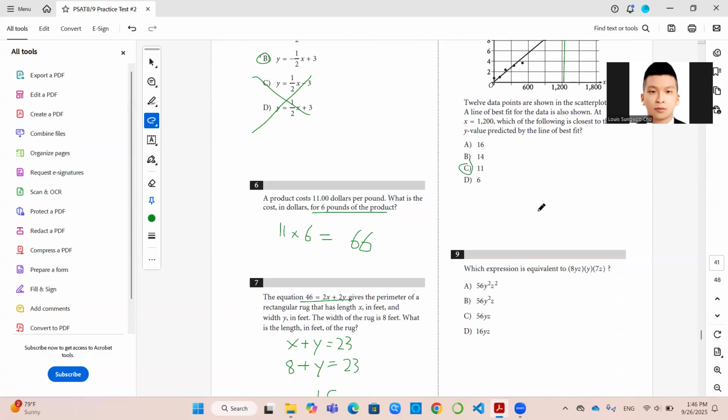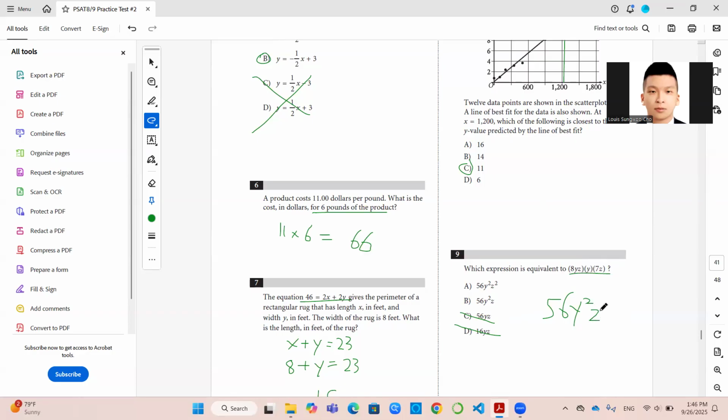Which expression is equivalent to all of this? Well, I see 8 and 7, so what's 8 times 7? That's 56. So immediately I can eliminate D. How many y's are there? 1, 2. So 2 y's, so I can immediately eliminate C. And how many z's?